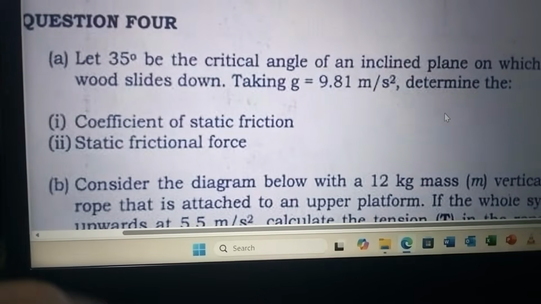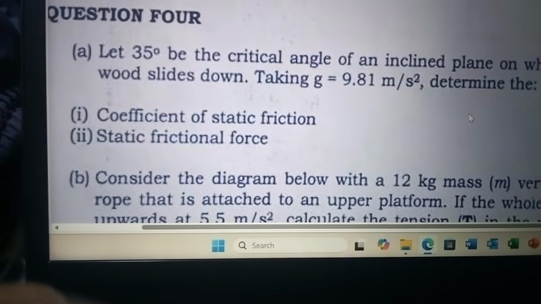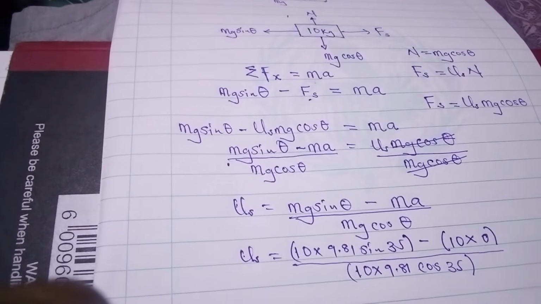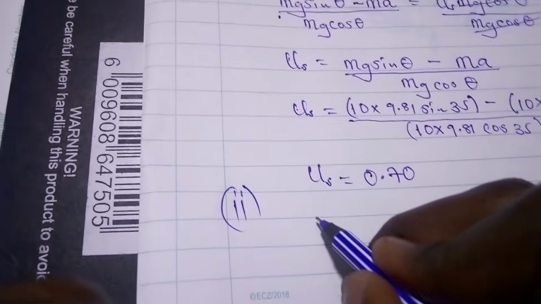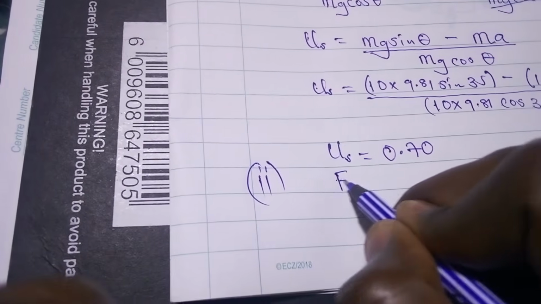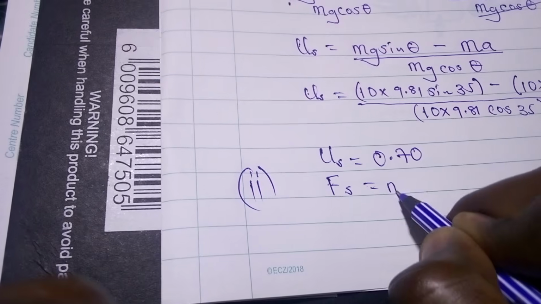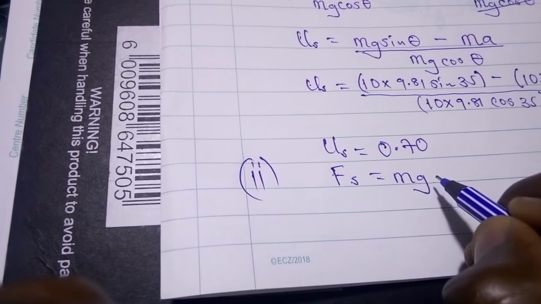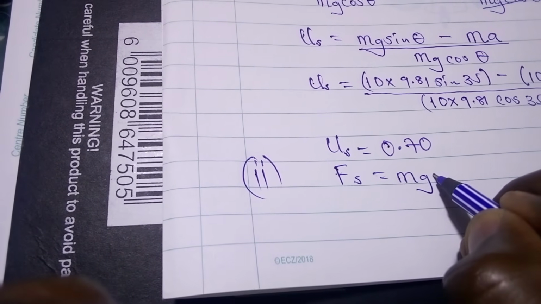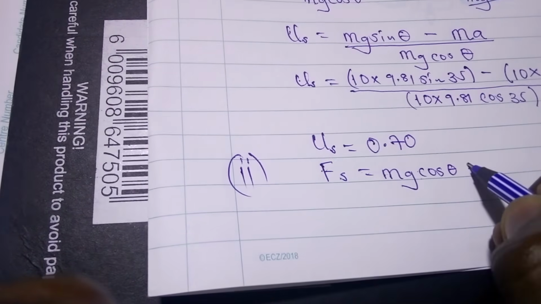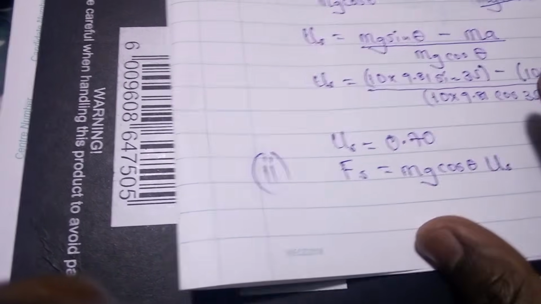For the second question, they are saying we calculate the static friction force. We use the formula that we made, where the static friction force is equal to mg cos theta times mu s.